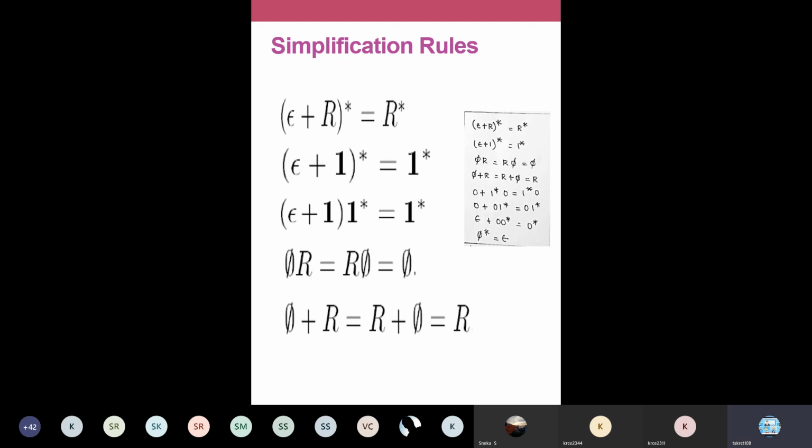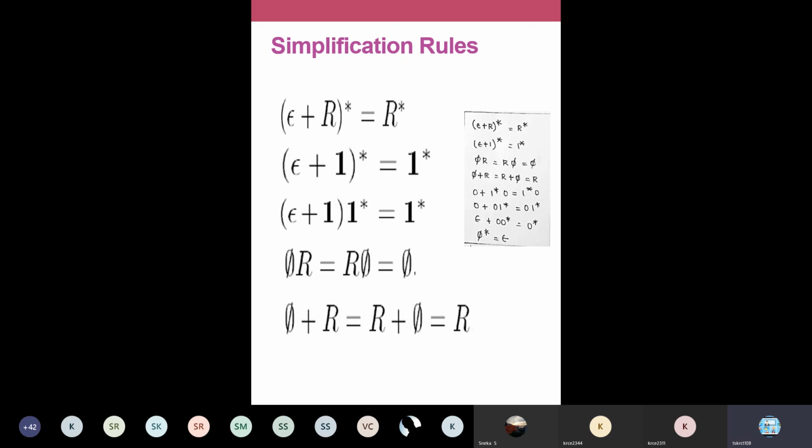And then this expression, epsilon plus 1 the whole star, can also be written as 1 star, because you can derive both epsilon and also 1 here. And null, when it comes in concatenation, I told you that you can write it as null. That is, null concatenated with a regular expression, either on the left hand side or right hand side. If you have a null in a regular expression, you can write the entire expression as null.